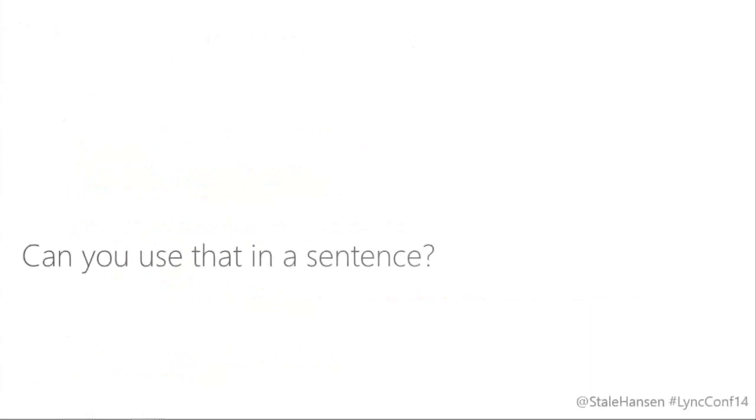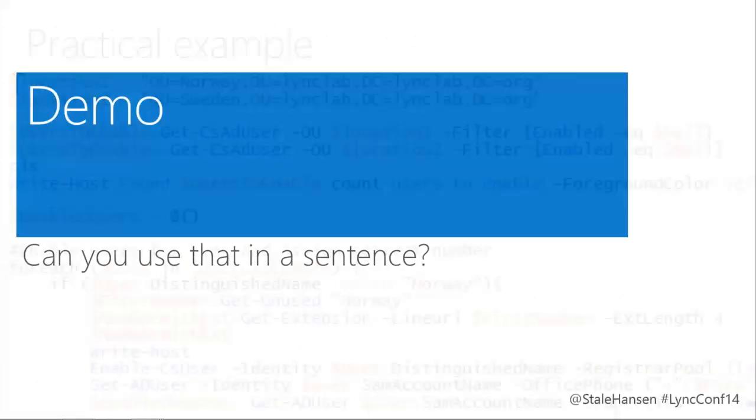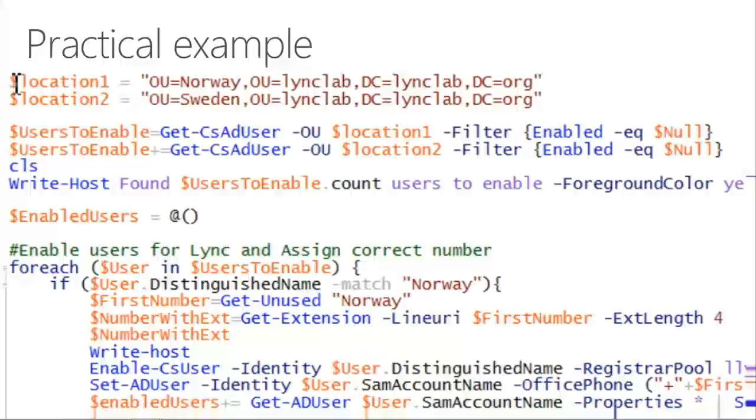So the question is, can you use that in a real scenario? Of course I can. In this example, I have two countries, which is Norway and Sweden. We have two organizational units, one called Norway and one for Sweden. And we have decided that all users in that organizational unit should be enabled for Lync and given a line URI, so that's unique for this deployment.